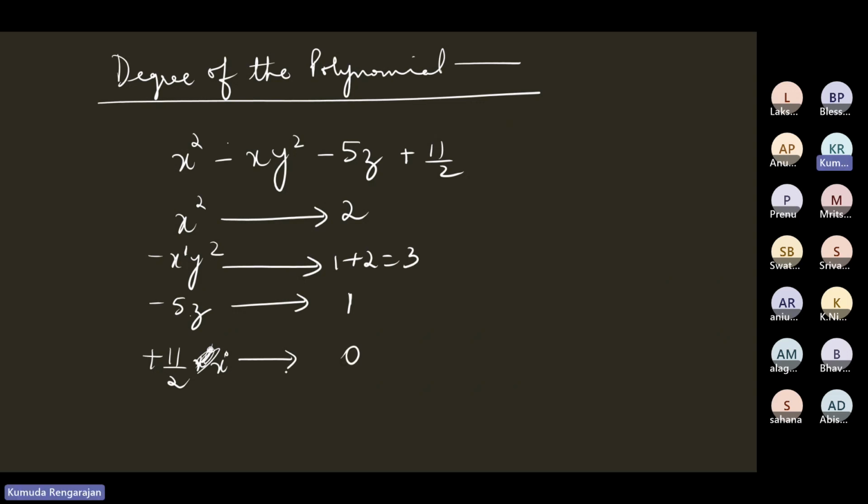If a particular term has more than one variable, then you add the powers. 1 plus 2, 3. Now the highest power is 3. So the degree of this polynomial is 3.